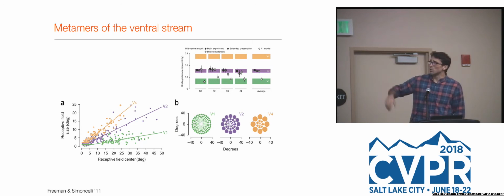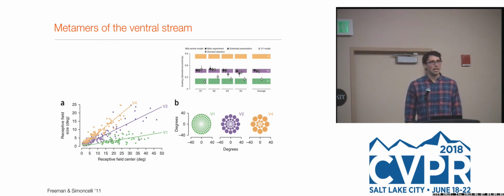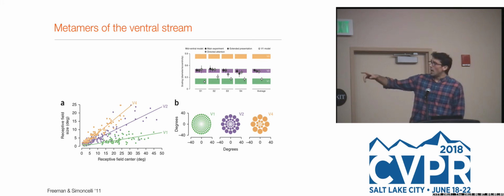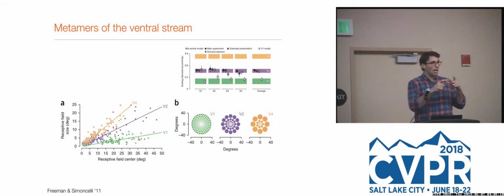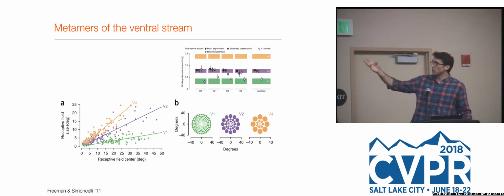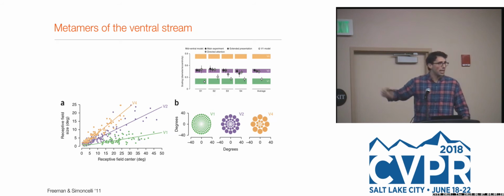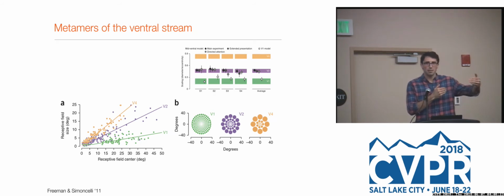This is work by Jeremy Freeman and Eero Simoncelli, where they looked to previous research to map out the receptive field size, the area at which neurons in different parts of visual cortex respond. They looked in 3 parts of visual cortex, V1, V2, V4, going from early V1 to mid to high level visual cortex V4.